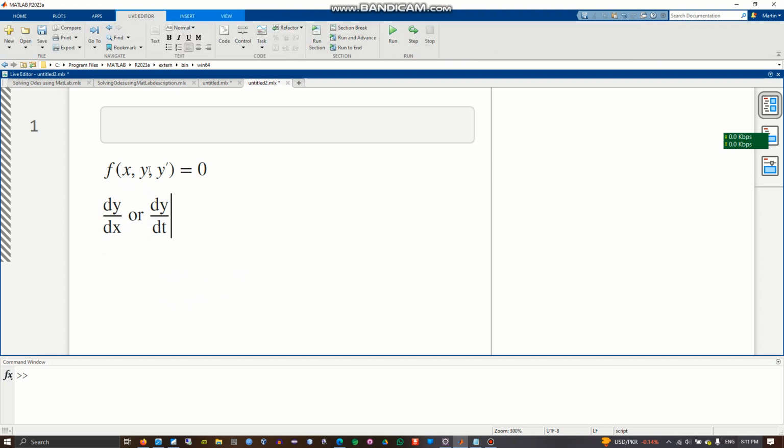And f of x, y, y prime is a function involving x, y, and y prime. The equation states that this function evaluated at x, y, and y prime equals 0.